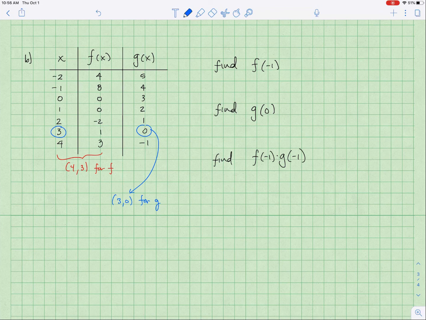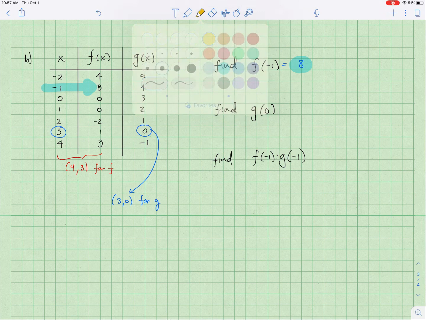So here we go. f of negative 1 is our first question. f of negative 1 is going to be 8. g of 0 we just talked about. If we take the x value and plug it in for g, we get g of 0 is equal to 3.